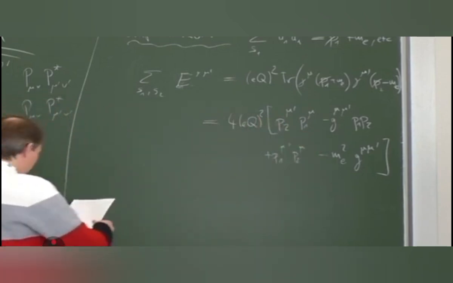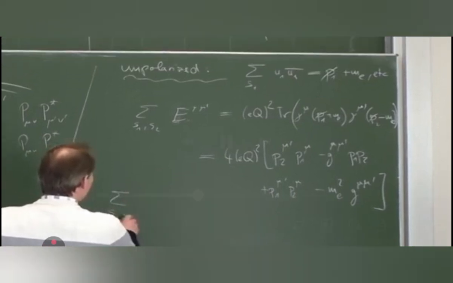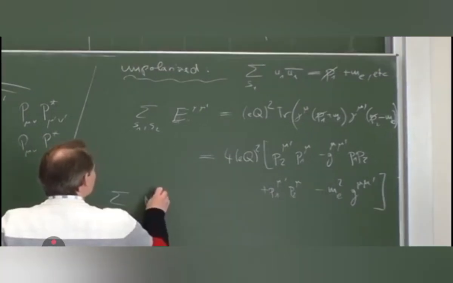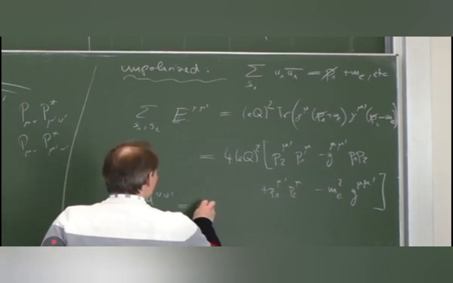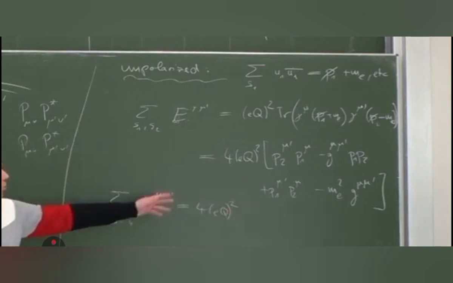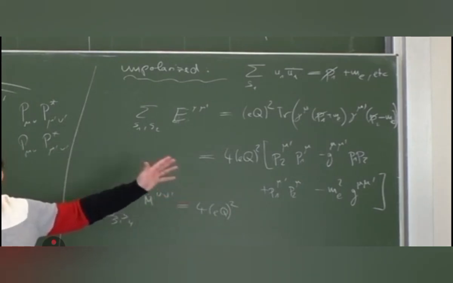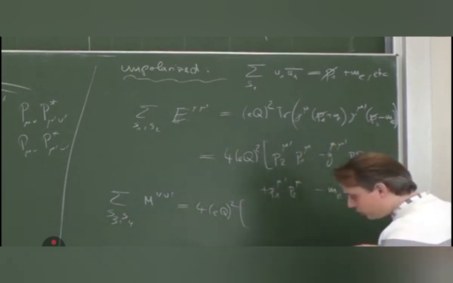And of course, the muonic tensor can be treated analogously. So here, mu prime gets basically the same result, only with the replacement P2 becomes P4, P1 becomes P3, and so on. And the indices mu become nu. So I just copy this.